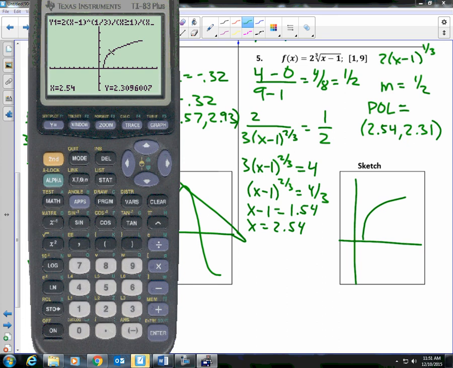Is 2.54 in the interval? Yes. Is 1/2 in the interval? Doesn't matter because that's a slope. Very good.